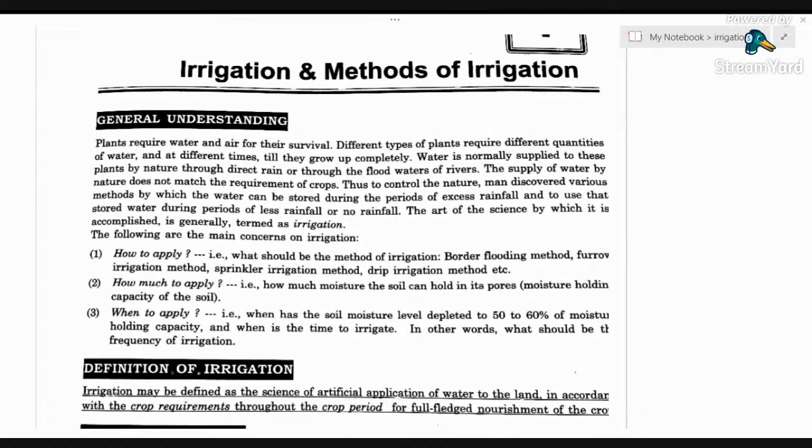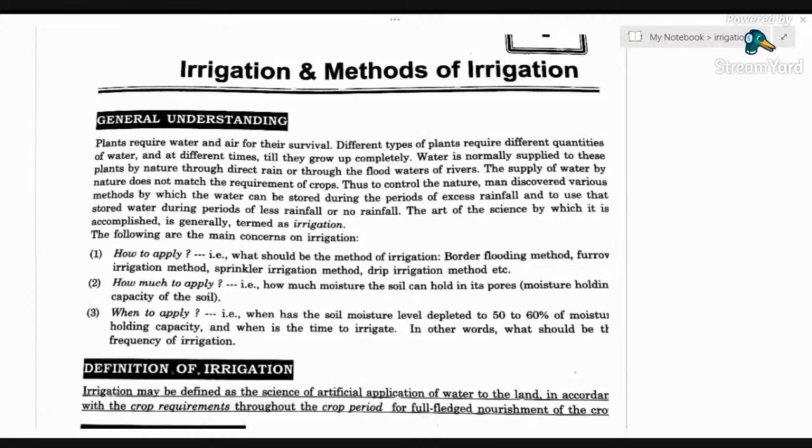Irrigation and method of irrigation. So this is the first class, irrigation, method of irrigation.